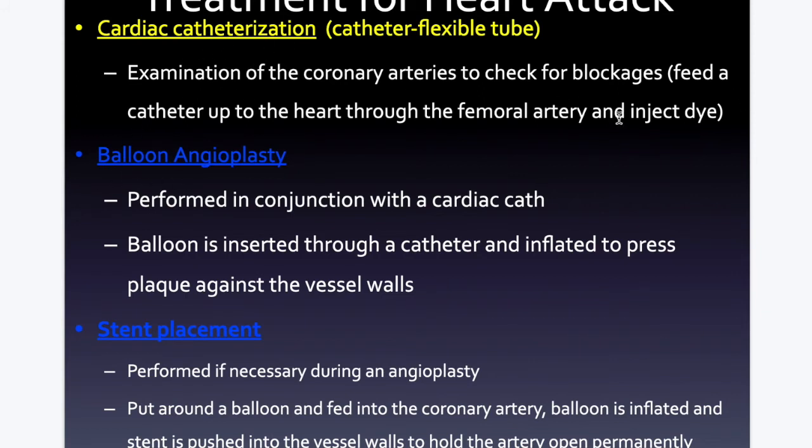The way they check for blockages is through the cardiac cath or cardiac catheterization. The balloon angioplasty, the balloon they use to press the blockage, if it's plaque, against the wall of the vessel. And then the stent, they put it around the balloon, inflate the balloon, and the stent is pushed into and becomes part of the vessel wall to hold it open permanently.